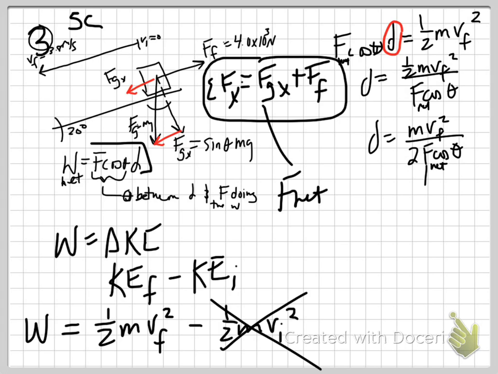We know the net force is on the x-axis, and it is given by this. So which side is going to win? The net force is going to be this way. What's the angle between the net force and the direction of travel?